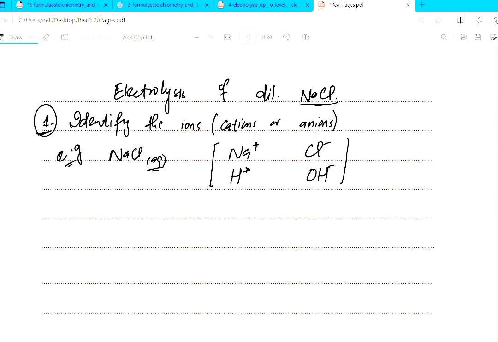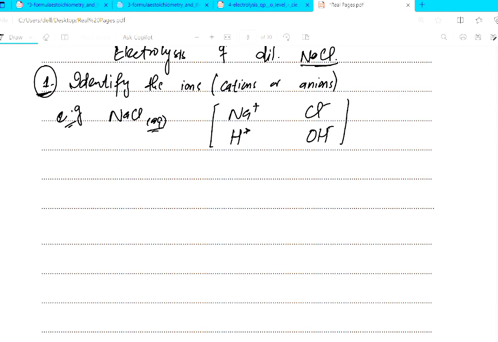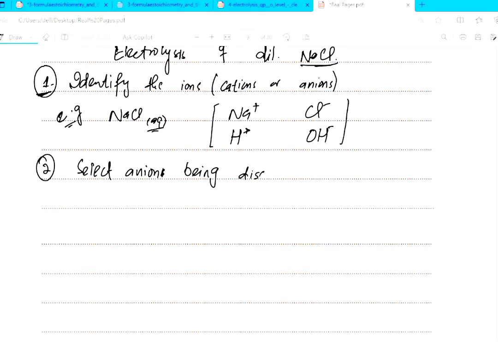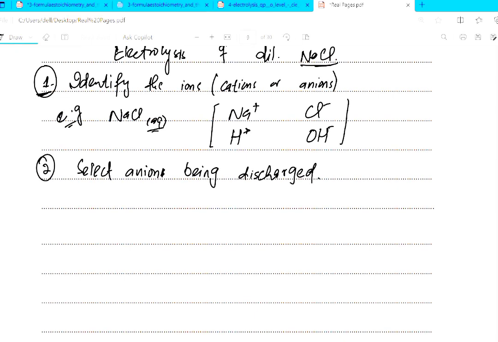Secondly, you have to determine, or select, the anion being discharged. Suppose we have the anions chloride and hydroxide.